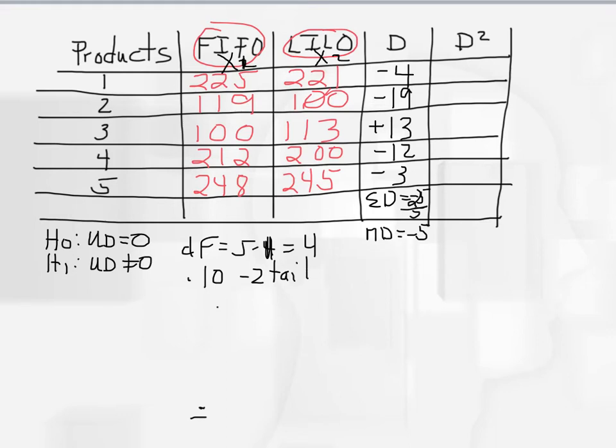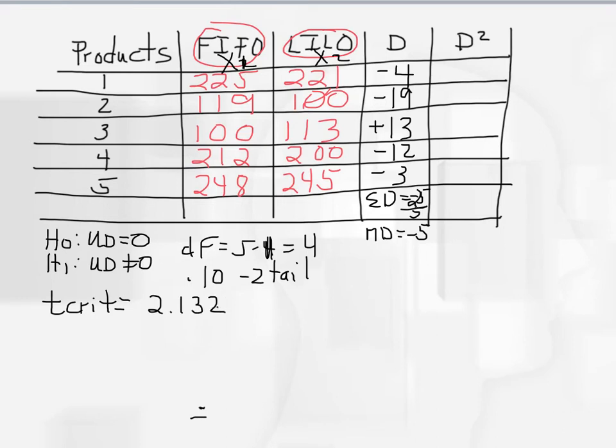So what's our critical value? Our critical value, or the t-value that will help us decide whether or not to reject the null hypothesis, our t-critical equals, so if you look at your t-table, for a two-tailed test with 4 degrees of freedom at the 0.1 level of significance, your critical t-value is 2.132.